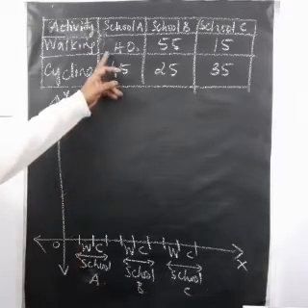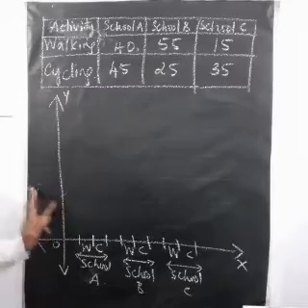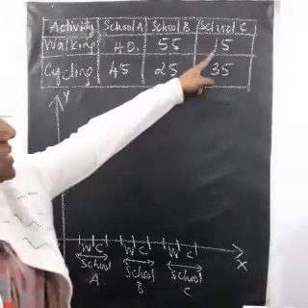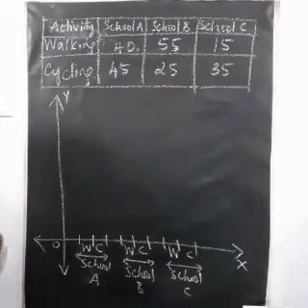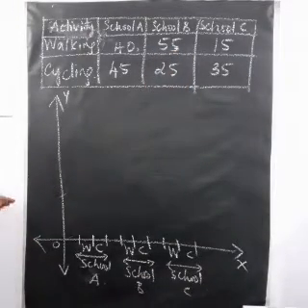Now we have to put the numbers on the y-axis. You see the minimum is 15 and the maximum is 55. Okay, so what we can do is we can take either 5, 10, 15 or 10, 20, 30, 40 either.